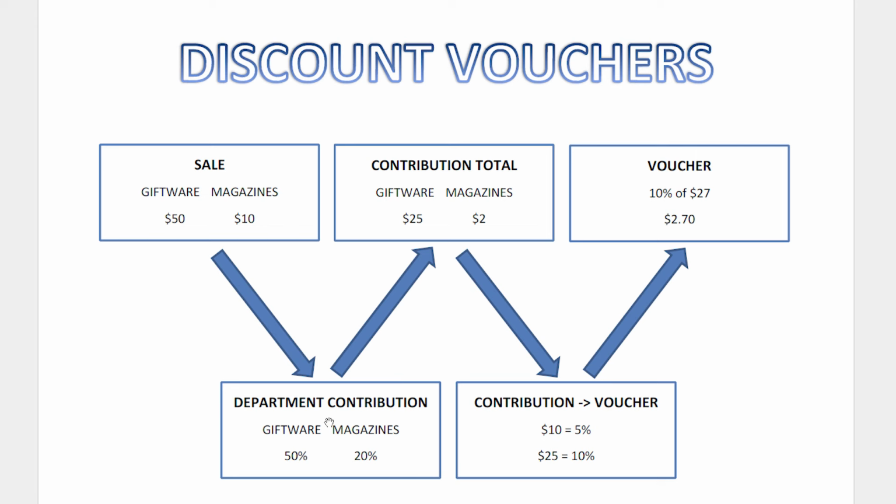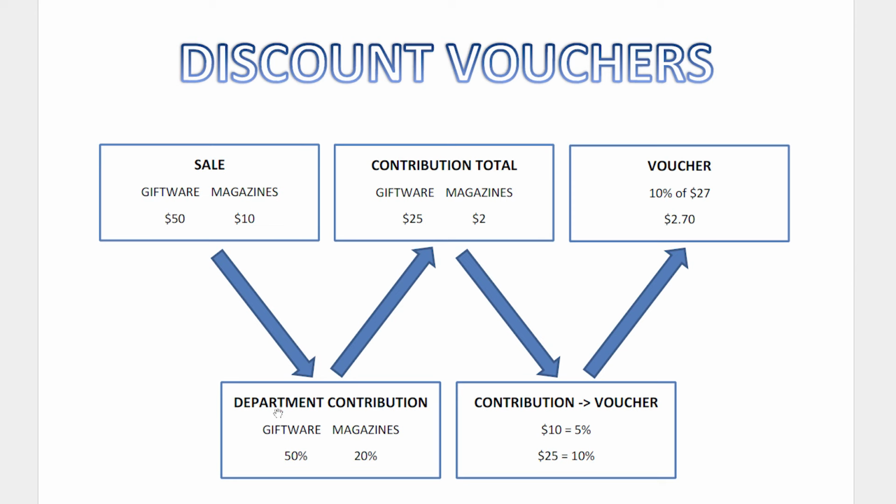So in here, I've got a department contribution total for giftware and magazine setup. Based on a sale, which consists of $50 worth of giftware, could be any item within the giftware department, but let's say I've got $50 worth, and $10 worth of magazines.